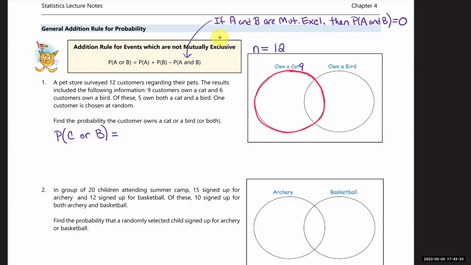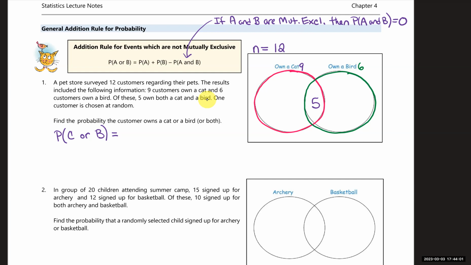There's going to be 9 people in that circle. And then 6 customers own a bird, so once I'm done building the Venn diagram, I know that would be 6 people. And of those people, 5 are part of both groups. They own a cat as well as a bird. So I've got 5 people here in the intersection that own both.